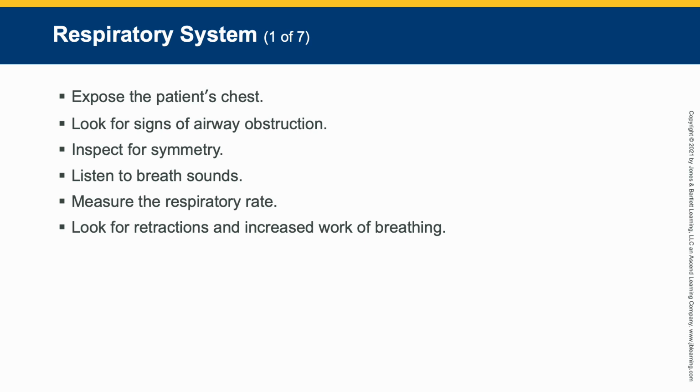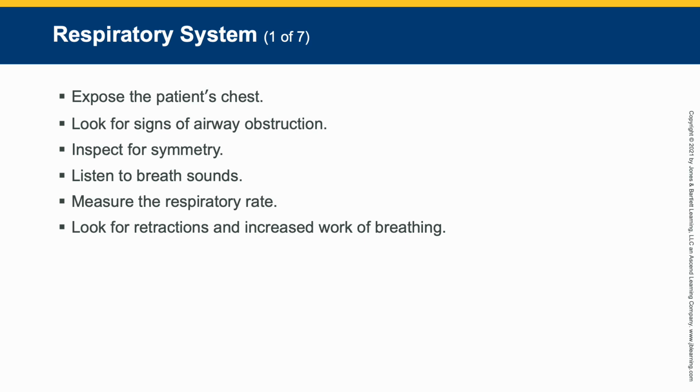Now, also during this assessment of the respiratory system, you want to inspect for accessory muscle use, look for nasal flaring, retractions, and observe the rate and depth of the respirations. Then you want to listen to breath sounds in multiple fields, both on the anterior and posterior aspects, and you're going to compare both sides.